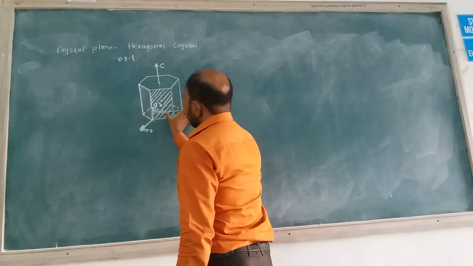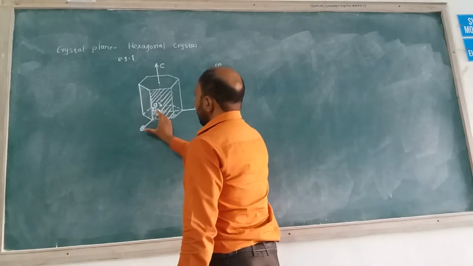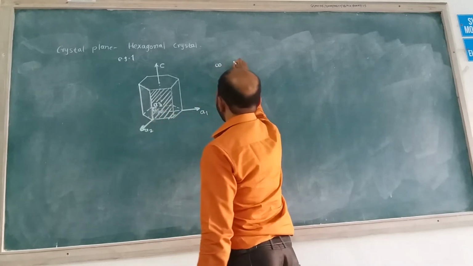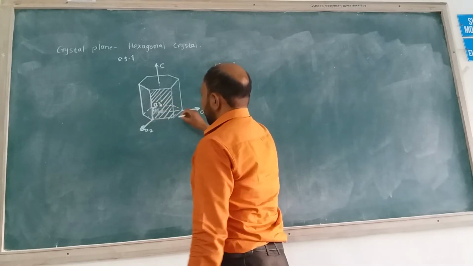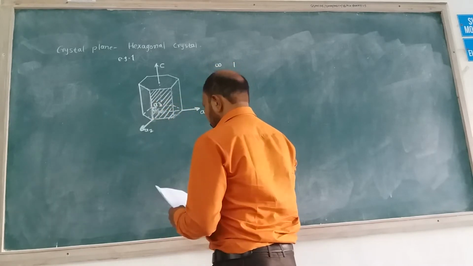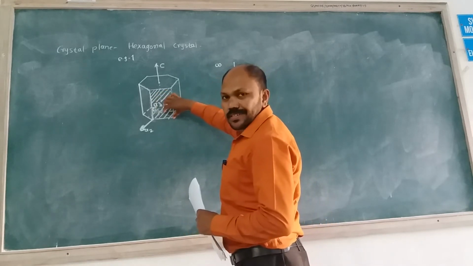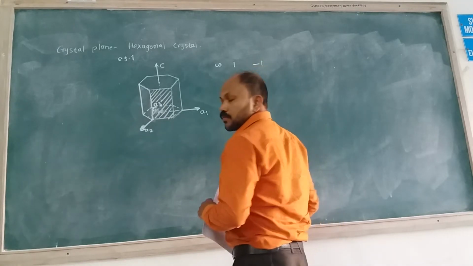This is parallel to the shaded plane, so infinity. Then the A2 distance is available, that is unit distance, so 1. For A3, if we extend in the opposite direction, that is the negative direction, the distance is available, and that distance becomes -1.